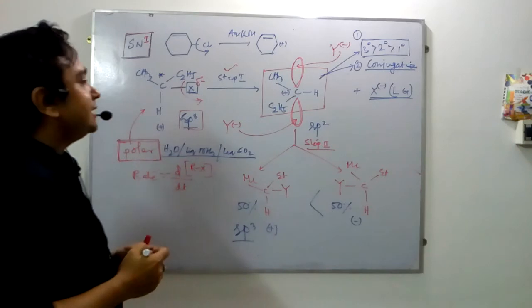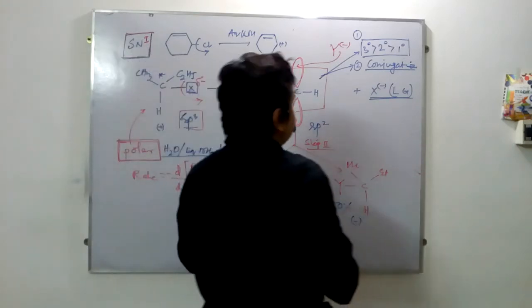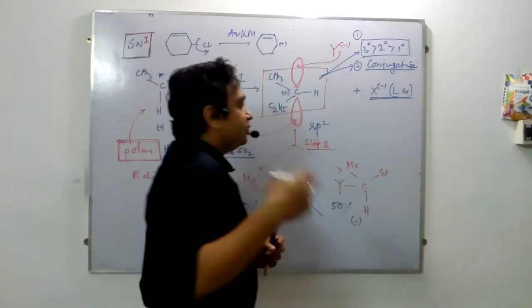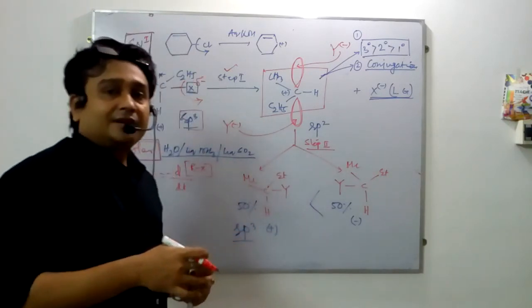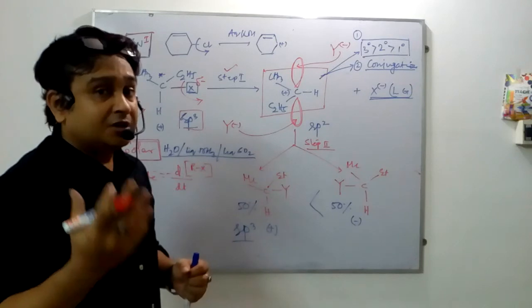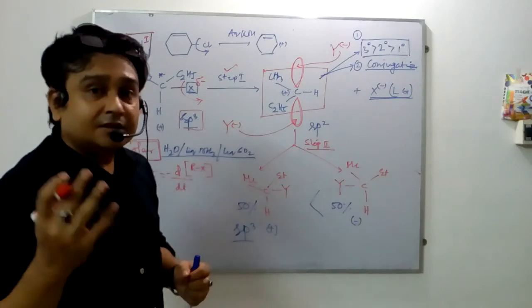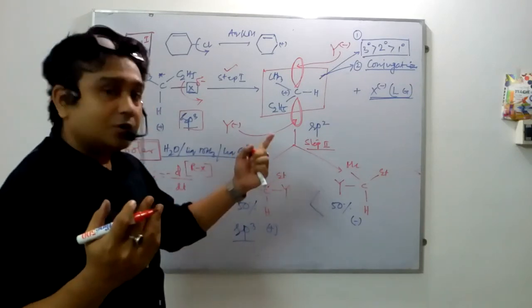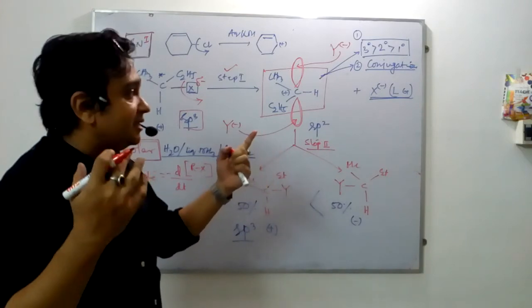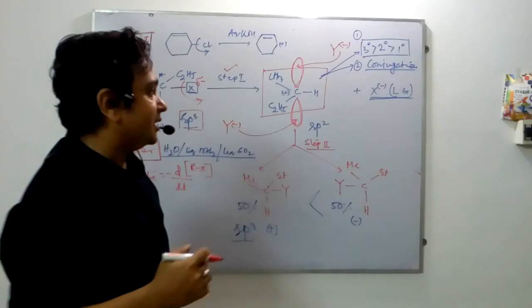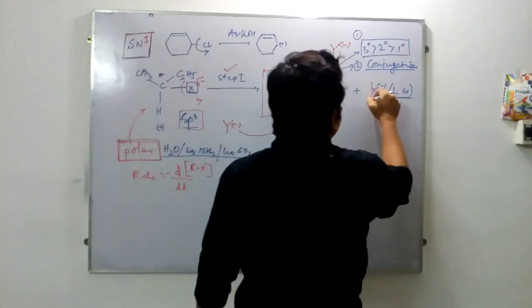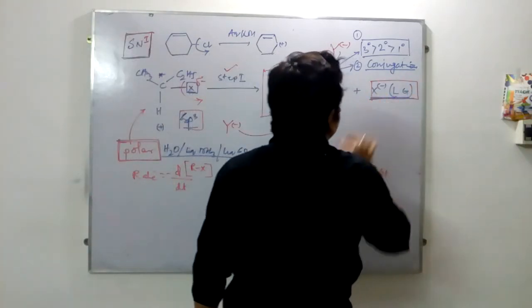Now the next point is the leaving group. I will make a new video to make the students understand that the stability of the leaving group is also very important. It should not be termed a conjugate base, but it is a conjugate base. But there is a difference between leaving group and conjugate base. What is exactly the difference, that I will make you understand. Now, the stability of this leaving group is also important.